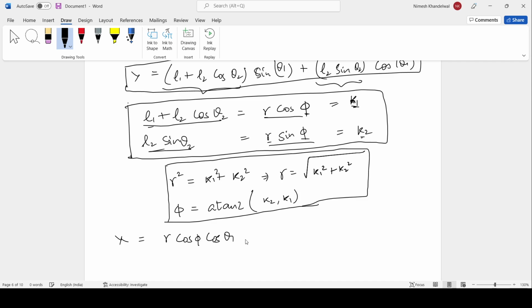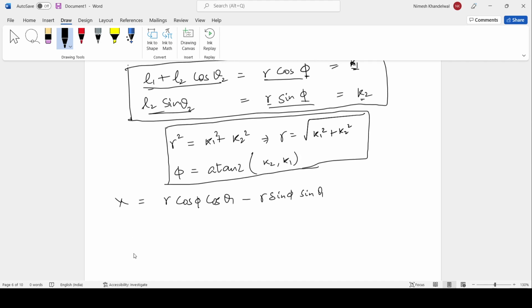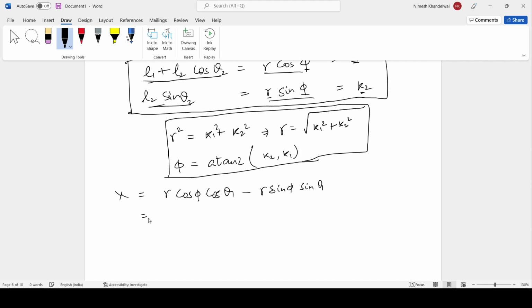If I take r common, cos a cos b minus sin a sin b is cos of a plus b.